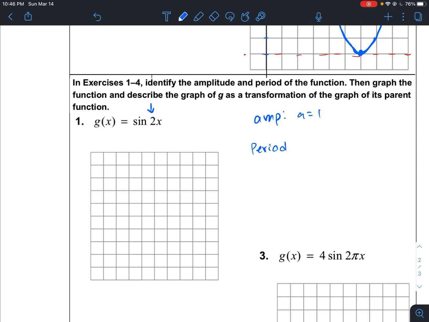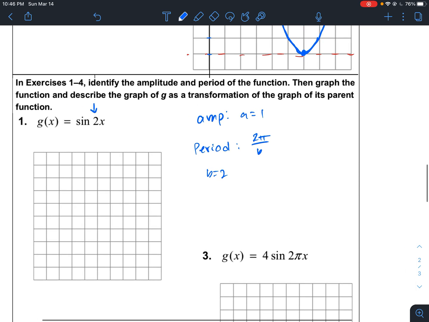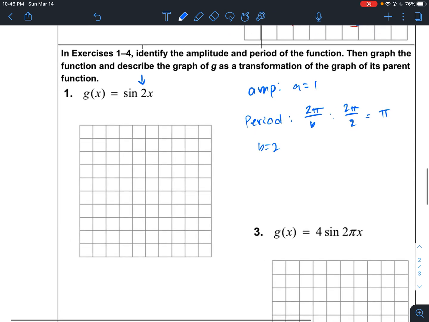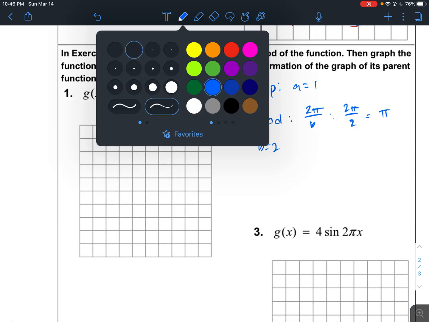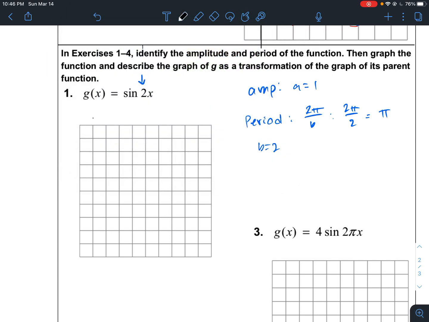The period is always 2 pi over b. Now b in this case is 2. So that means our period is going to be 2 pi over 2, which is equal to pi, meaning that the distance for this sine function to make a complete cycle is actually just going to be 1 pi instead of 2 pi.